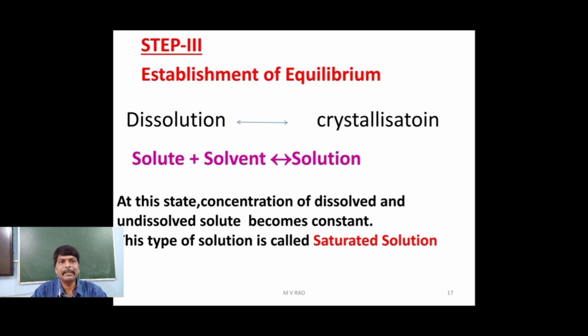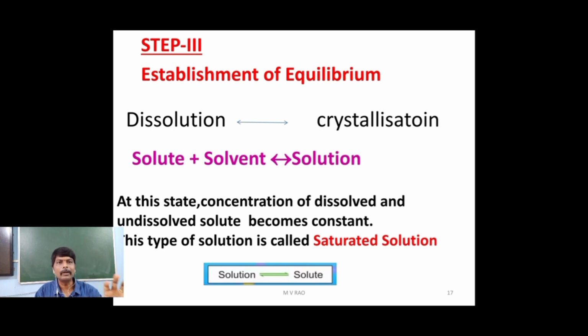Once this equilibrium is established, then that solution is called saturated solution. What is saturated solution? At this state, concentration of dissolved and undissolved state becomes constant. This type of solution is called saturated solution. There exists an equilibrium between amount of solute in dissolved state and amount of solute in undissolved state.